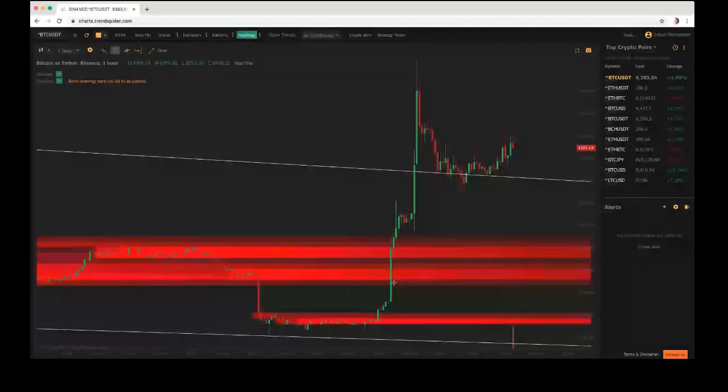So basically, if I see that I don't have a good risk reward, so that the distance to my first take profit is smaller than the distance to the support area where I can place my stop loss, then I will not take my trade. I always want bigger rewards. And if I don't have that, I don't take the trade.